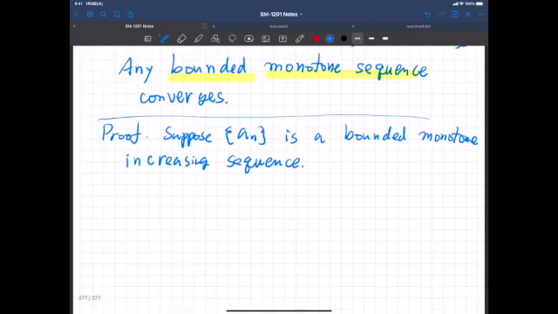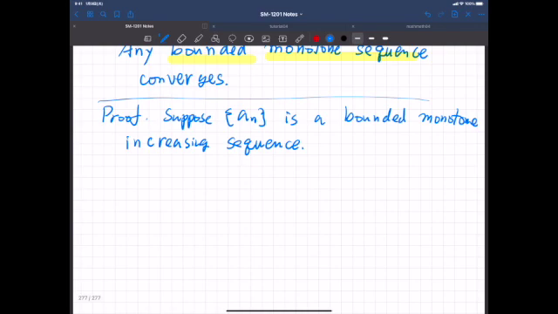Okay, then since it's bounded, there is a supremum. Okay, so the supremum of this set of real numbers, the sequence viewed as a set of real numbers, exists. And this is the property of the continuity of real numbers, right?